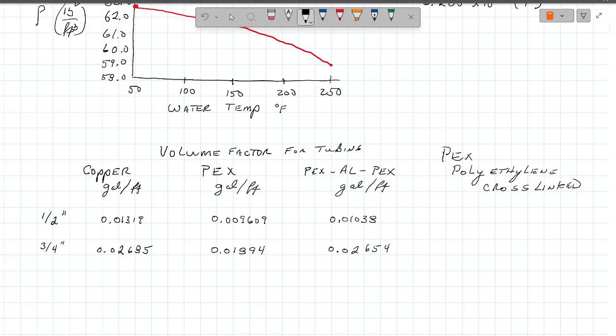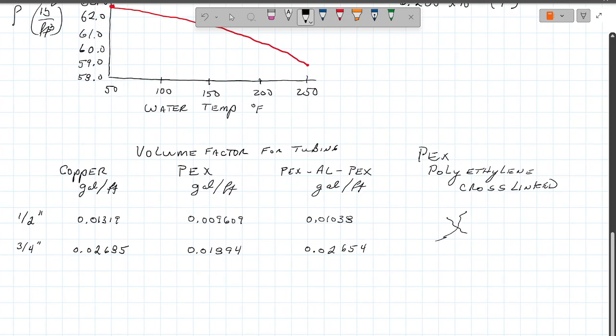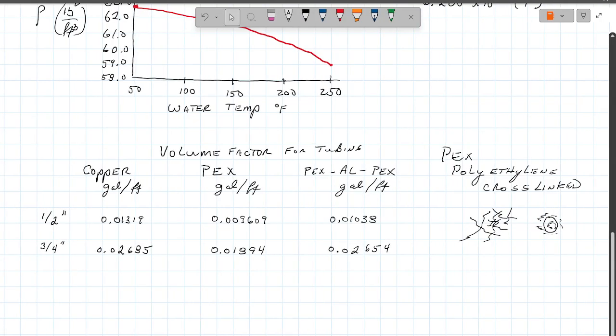And the X stands for cross-linked, because literally what you get is you got a molecule like that and you got a molecule like that, and it forms a cross-linked molecule here that just keeps going on and on and on until it forms a pipe. But then we add an aluminum core in the center of it, and we let the cross-links happen out here and inside this, and bing bang, we're good. All right. So anyways, that's the definition of those two things.